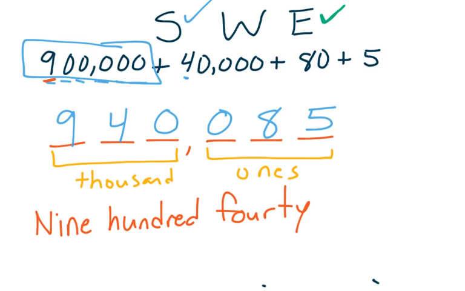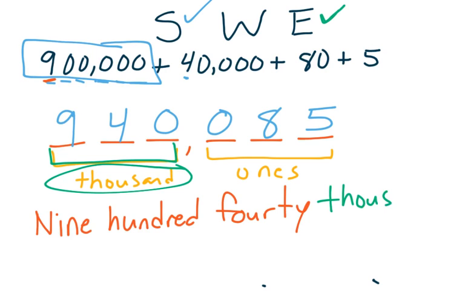And before I go any further, I need to write down my period name because I just focused on my first period right here. 940,000. Now I can move on to my ones period. And when I read that second part of my number, just this piece right here, all I have to read is my 85.